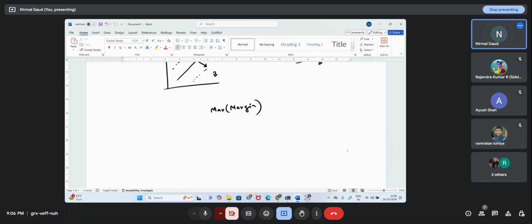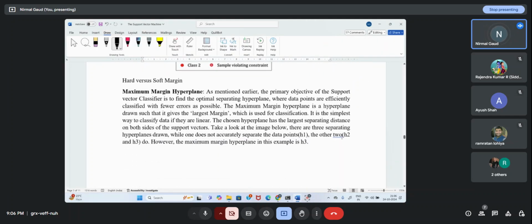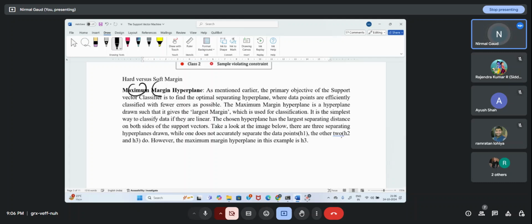Now, how to do this and how to turn all the concepts into maths. See, here it is. Maximum margin hyperplane. The primary objective of SVM is to find the optimal hyperplane where data points are efficiently classified with as few errors as possible.